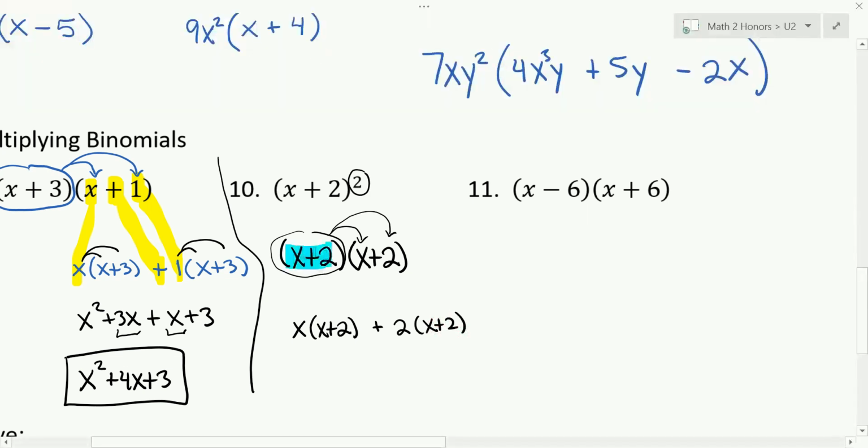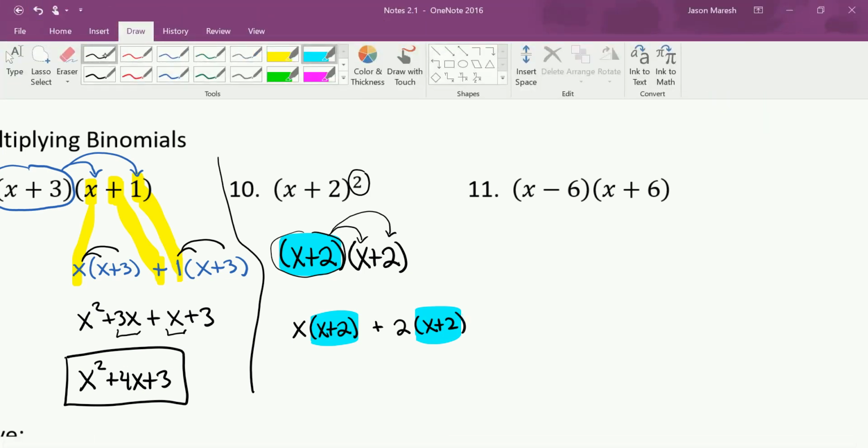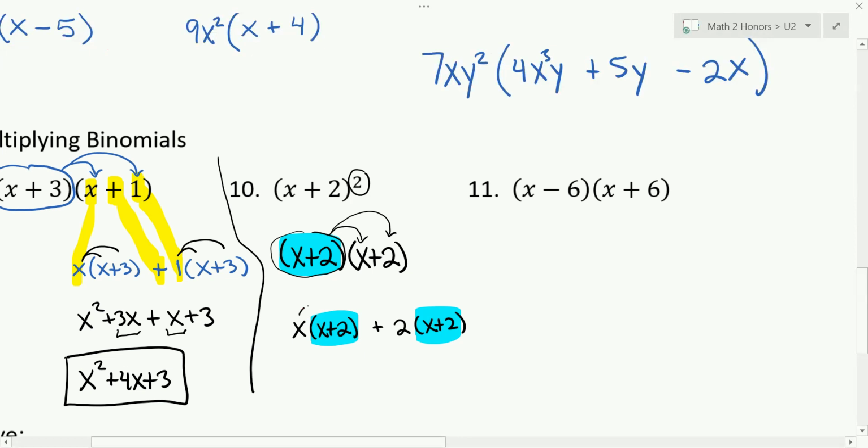Work with the highlighter. This x plus 2 here is right here, and it's right here. It's been distributed for the other part. And then keep distributing: x times x and x times 2, 2 times x and 2 times 2.